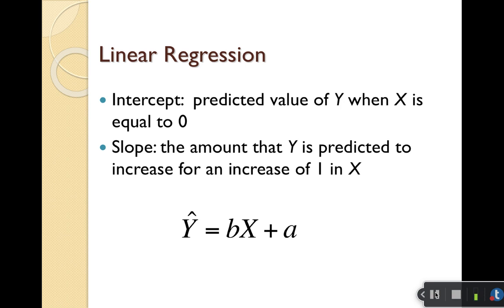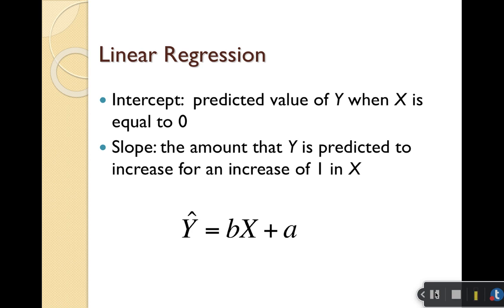The actual symbols and notation you use doesn't matter a ton. And in this case, the intercept is represented by the letter a. And just again, an algebra refresher that the intercept is the predicted value of y when x equals 0. So it's where the line crosses that vertical y axis.